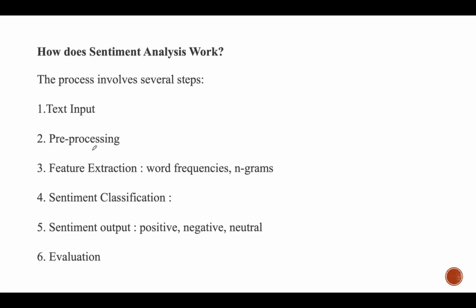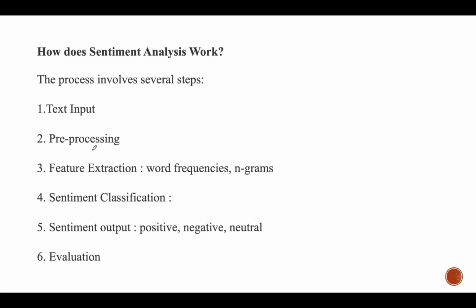Before analyzing the text, it should undergo pre-processing steps. So what are the steps here? It can be tokenization, where we break the text into individual words or phrases. Then remove the stop words, so common words like and, the, etc. And then stemming or lemmatization is performed, where we reduce the words to their base form.